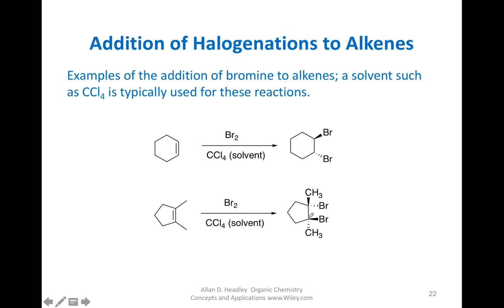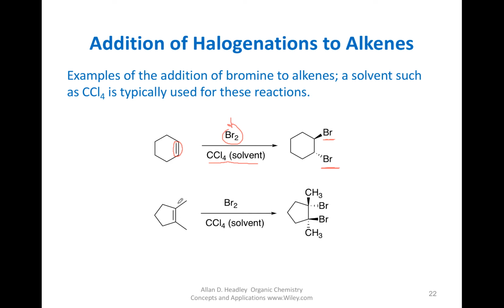Here's an example. Here is the alkene functionality. Here's bromine. The solvent is typically carbon tetrachloride. It's an addition reaction, but notice the stereochemistry here is trans. Make sure you put trans, a dash and a wedge.